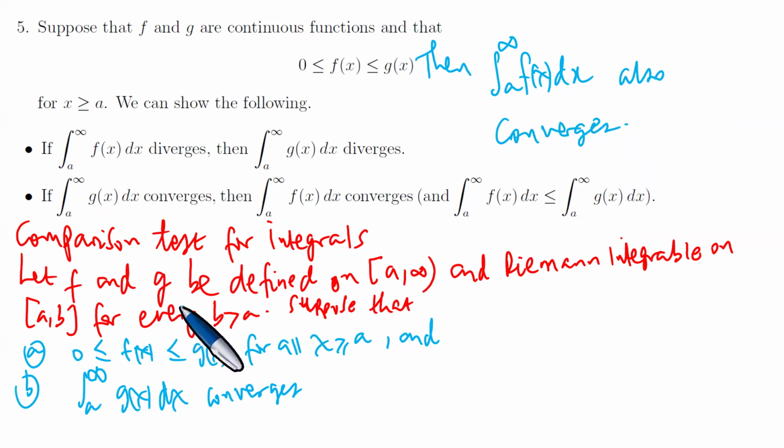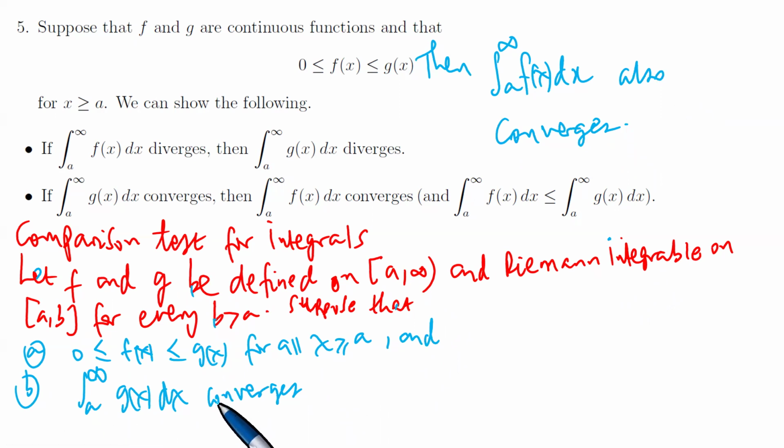Okay, let's look at the comparison test for integrals. So we let f and g be defined on the interval from a to infinity and Riemann integrable on a to b for every b bigger than a. Suppose that f is below g for all x greater or equal to a, and the integral from a to infinity of g of x dx converges.